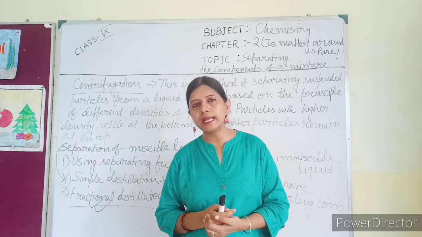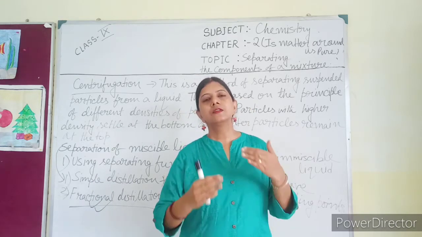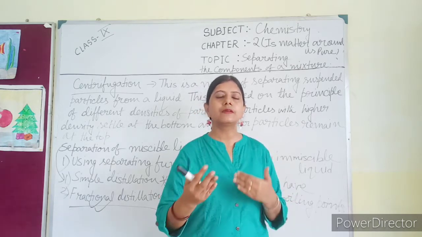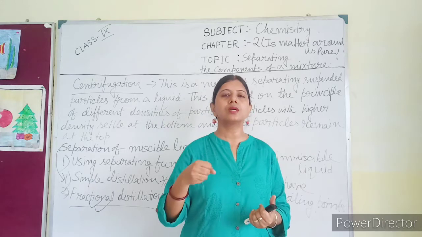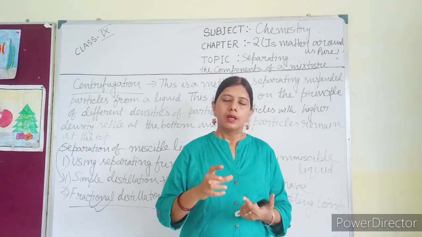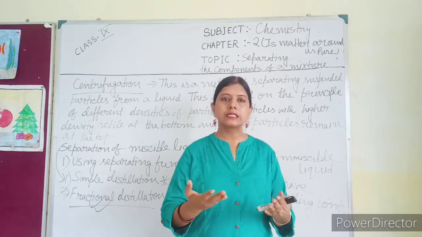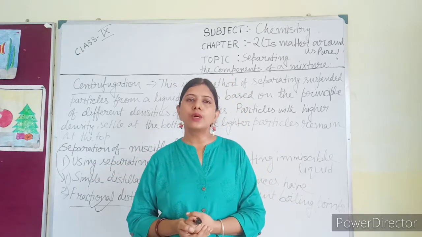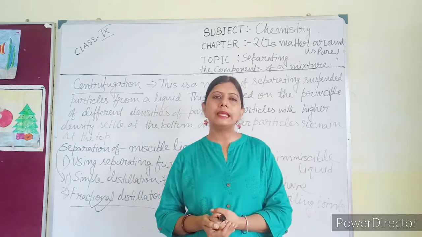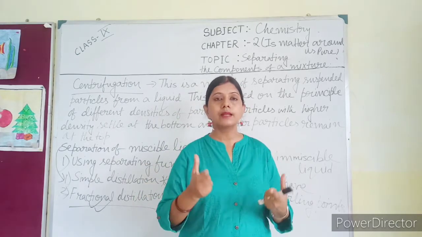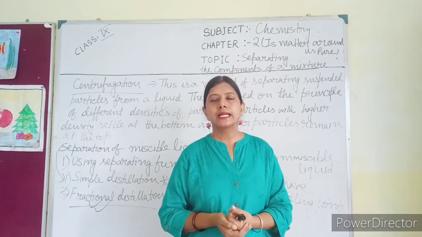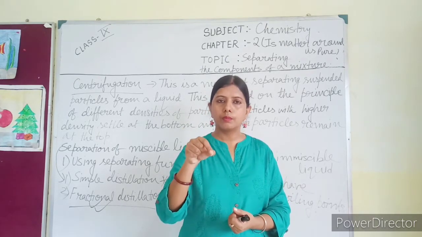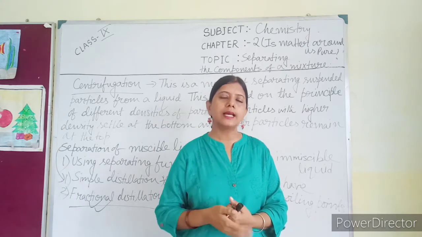This method is based on the fact that different colors are absorbed by water in different ways. That means the absorption power of water for the dye is different for different dyes. One example you can do at your home: if you have any ink of a particular color, take a filter paper and draw a dot on it using the ink.